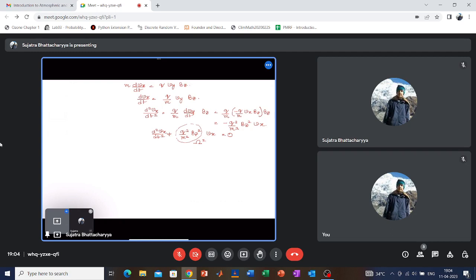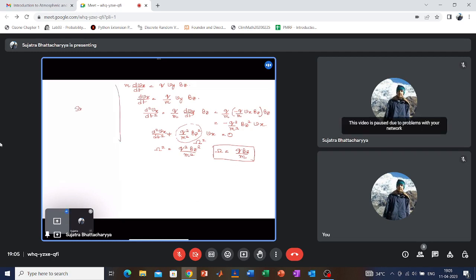So omega square is q square Bz square by m square. Therefore omega will be equal to q Bz by m. Simple. And now what will be the expression of the velocities? It's very simple. In the same way you can calculate. So let me write it.